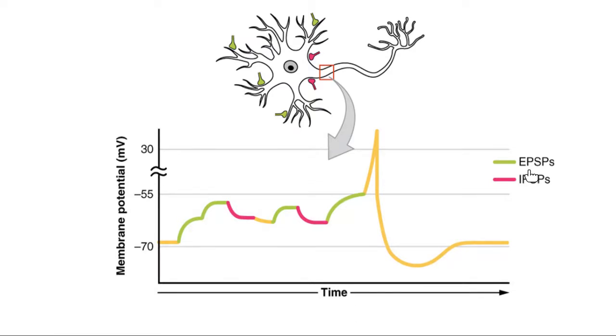We just talked about EPSPs, which are changes in my charge that make me more positive. We also just talked about IPSPs, and that's when membrane charge changes and it gets more negative.